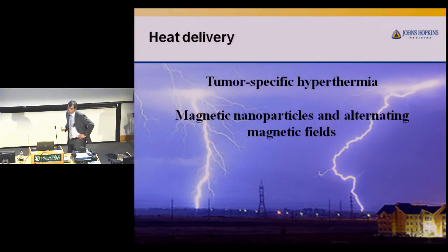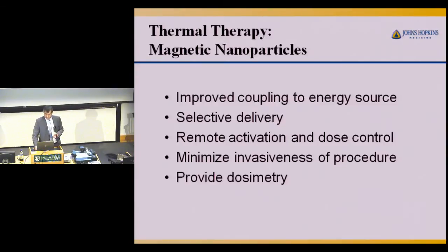So we'll go to talking a little bit about, in more detail, the combination of magnetic nanoparticles and AC magnetic fields for tumor-specific hyperthermia. And what we're really looking for is, number one, the combination of the magnetic particles with the AC magnetic fields provides us with an improved coupling of the energy source, or the energy, to the tissue-specific deposition that allows us to discriminate between tissues.